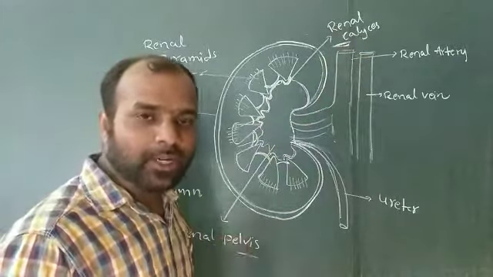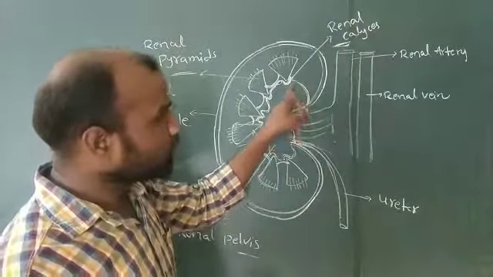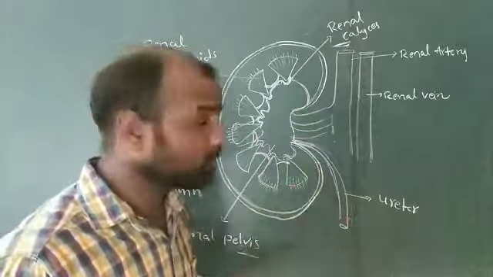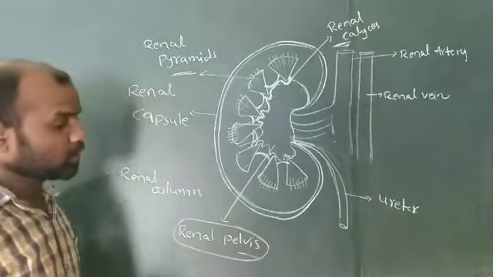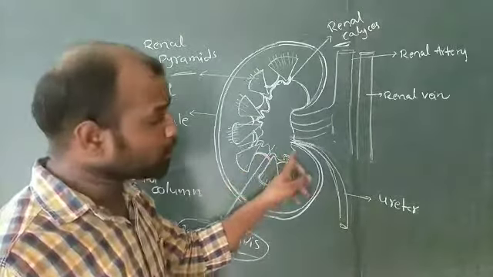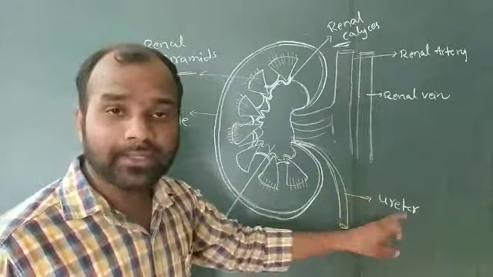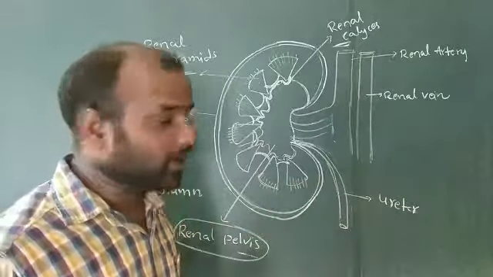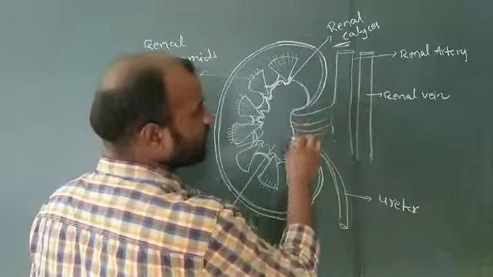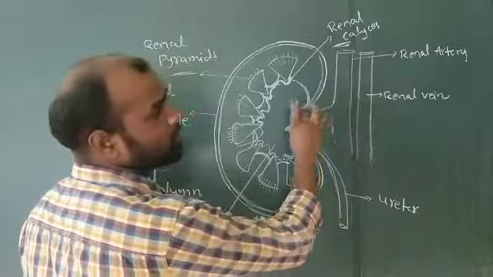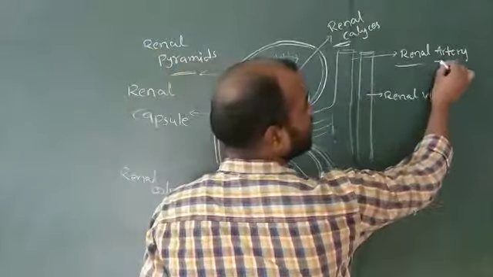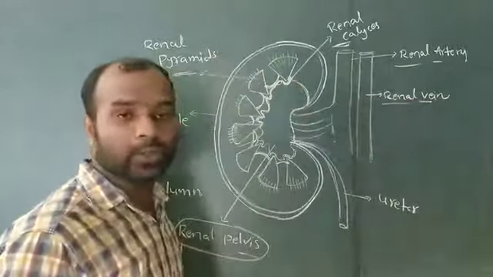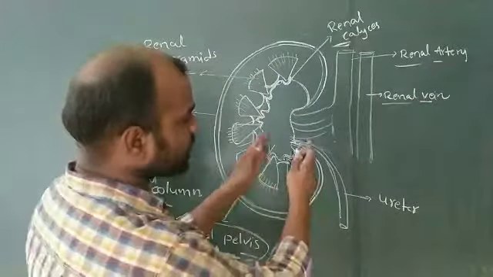These cup-shaped structures combine to form a pelvis, called the renal pelvis, which comes out of each kidney as a ureter. In each kidney a small opening is there, for the entry of the renal artery and renal vein into the kidney, and the ureter exits from the same opening.